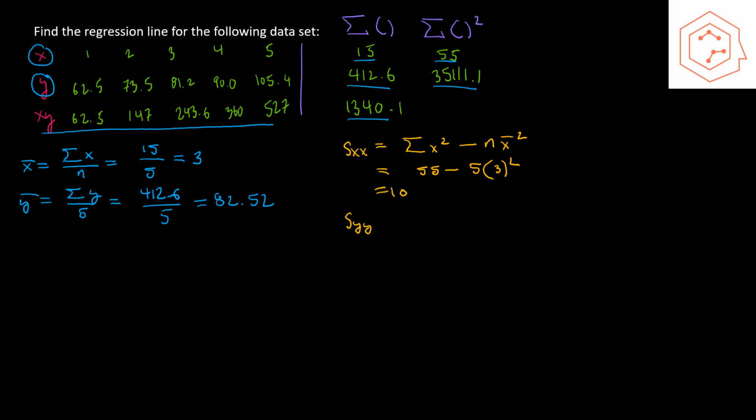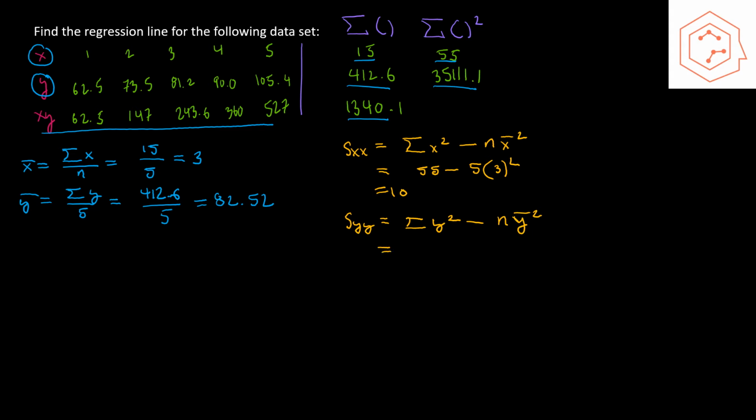Syy, or the variability in y, and you'll notice that we don't actually need this for the regression line, but we're going to need it to calculate the strength of the regression line, which is coming in a couple of minutes, so we're still going to calculate it. It's equal to the sum of all the y points squared minus number of y points times their mean squared.